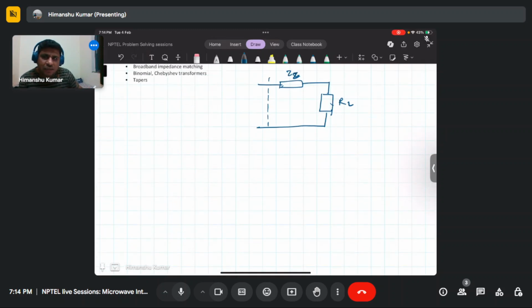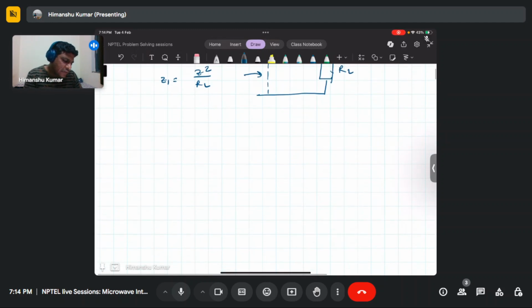So let's say you perfectly matched at one frequency, so you can write this impedance as Z2 squared by RL, the input impedance. And then at any other frequency you can write the expression in terms of this.